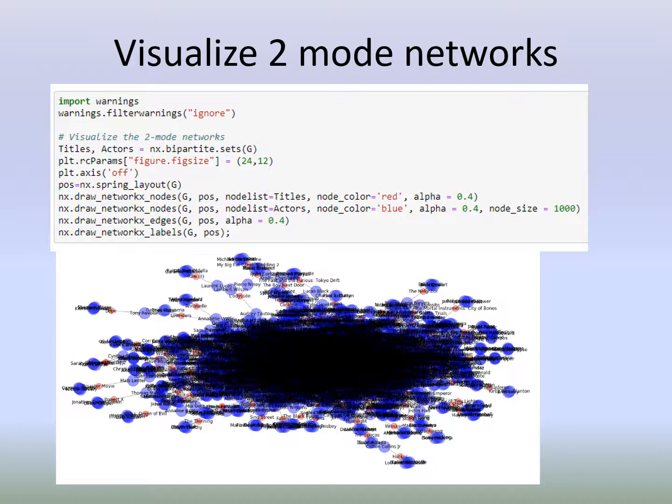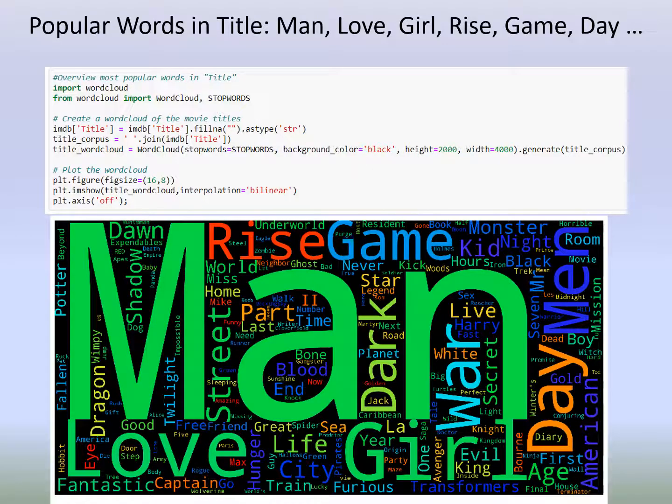The blue ones are the actors' names, and the red ones are the titles of the movies. Here, for fun, we got a word cloud of the title words. The most popular words in the titles are man, love, girl, rise, game, and days.